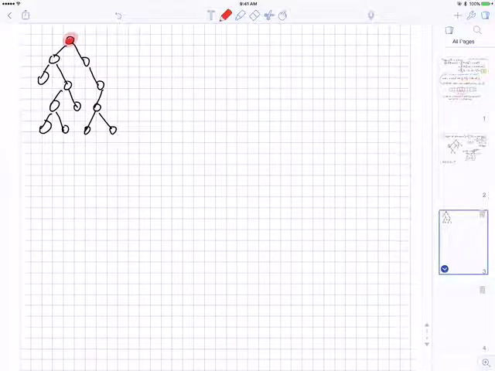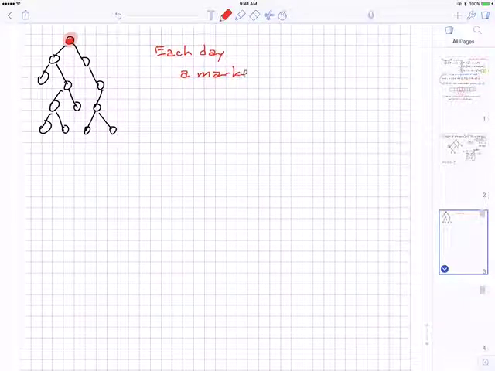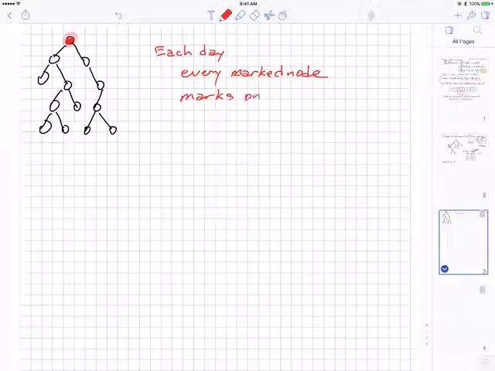So each day, every marked node marks one unmarked child.